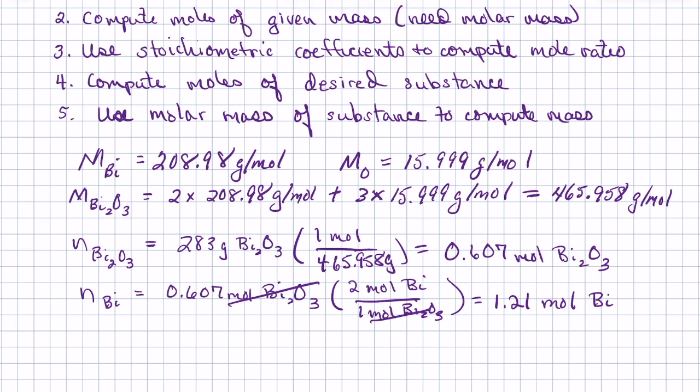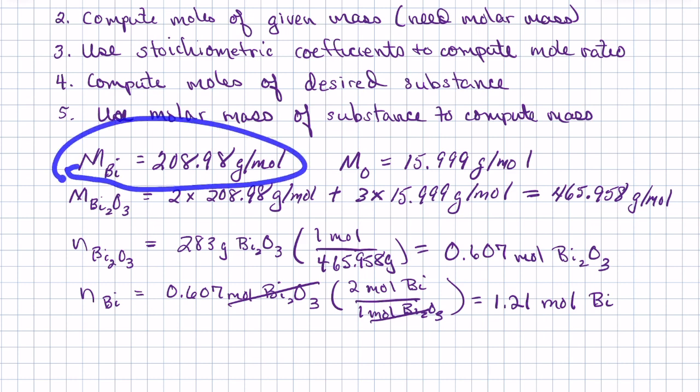Okay, so now that we have the moles of bismuth, we need to figure out the mass of bismuth. We have just completed step 4 here, so now we're figuring out that. In order to do that, we need to know the molar mass of bismuth. Well, we already did that.